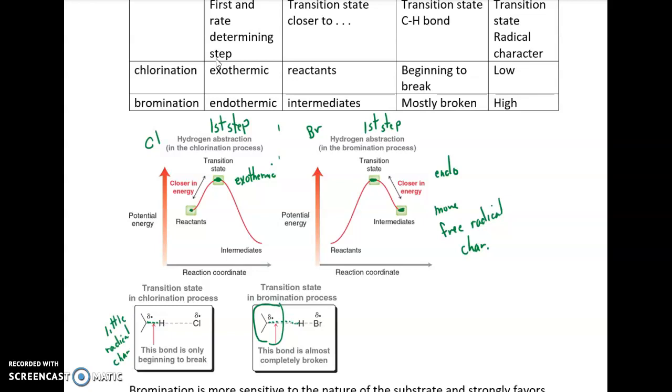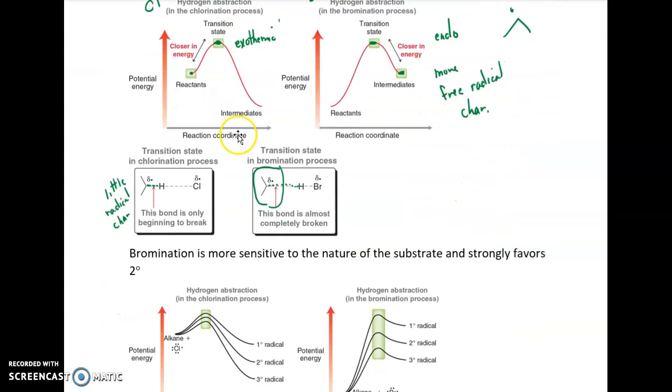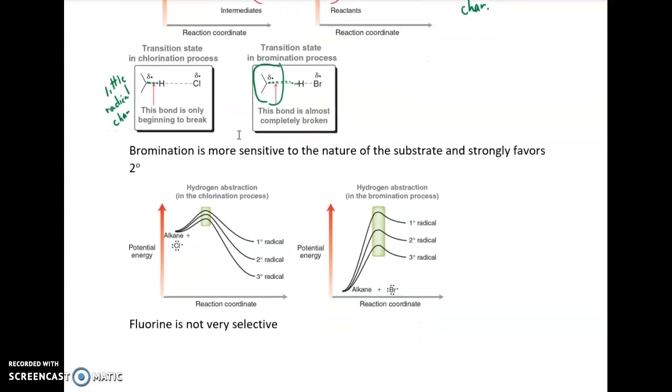In bromination, it's endothermic. The transition state is closer to that of the intermediates, which is the radical. And the transition state has a high radical character. So this is going to be useful because if we do bromination, we can control where the halogen goes.